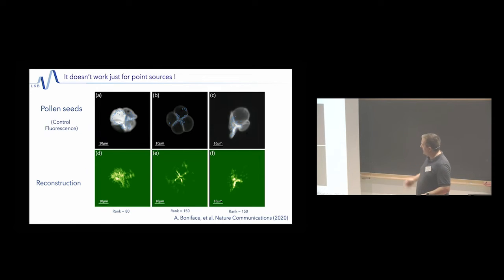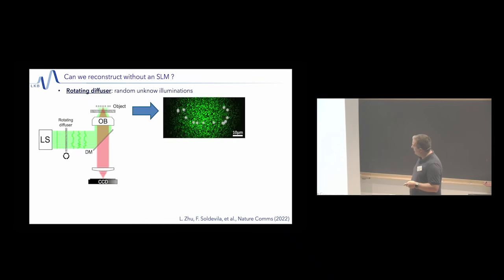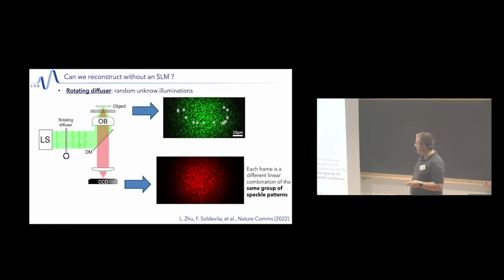So we tried to improve on that, and actually we could simplify the setup quite significantly and do it without an SLM. What we just need is to have a fluctuating illumination. And for this fluctuating illumination, you don't need an SLM. You can just do it with a rotating diffuser. Okay, and with this rotating diffuser, we basically get a random illumination of our object, and this random illumination will result in this fluctuating speckle.